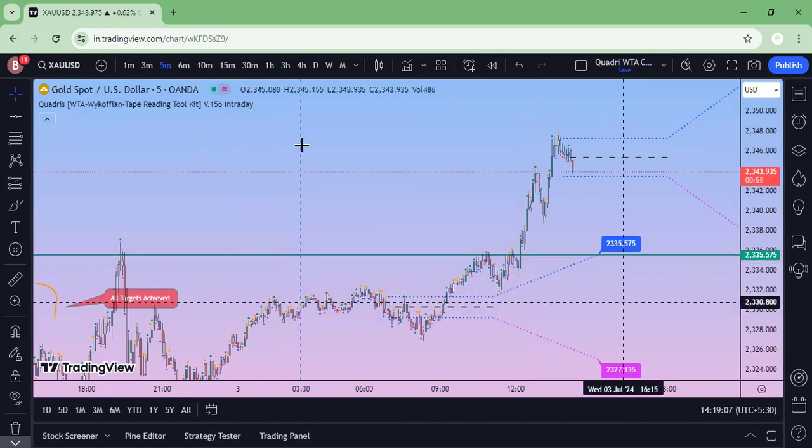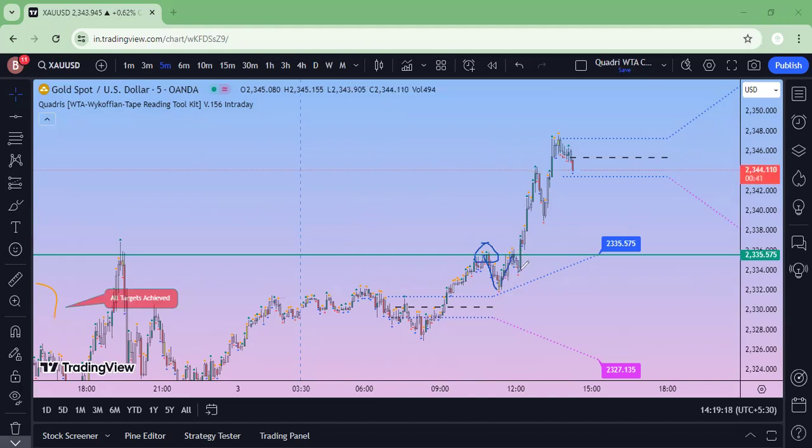So as you can see, price reached this target, or target was achieved. It had a reversal from this particular point. Then again it tested it, and again a pullback. Not reversal, a pullback. And after the pullback, you can see price piercing through this level.